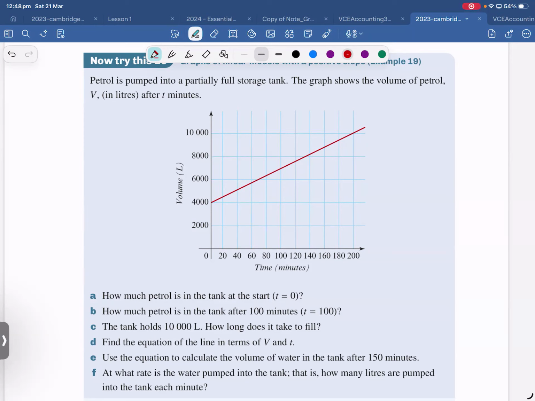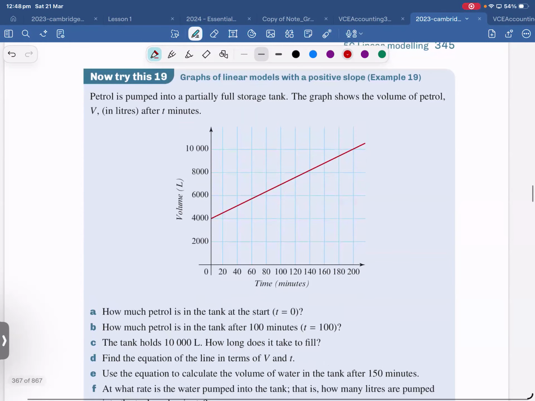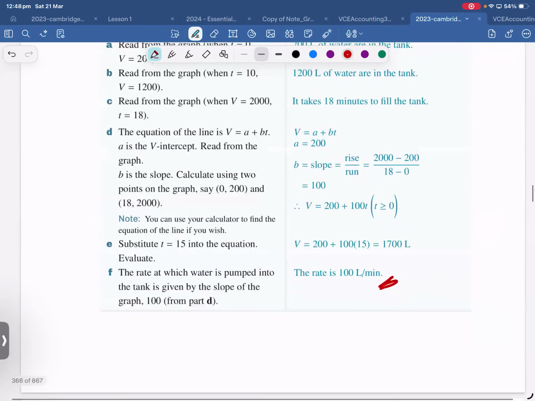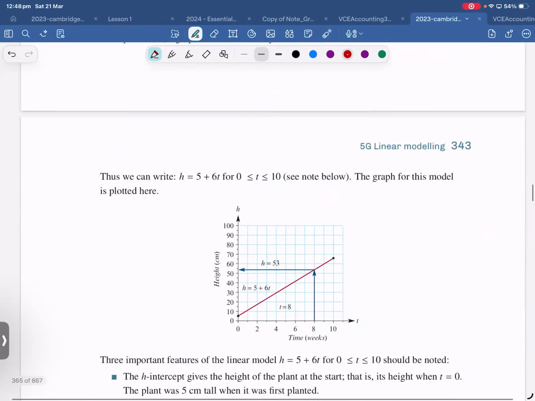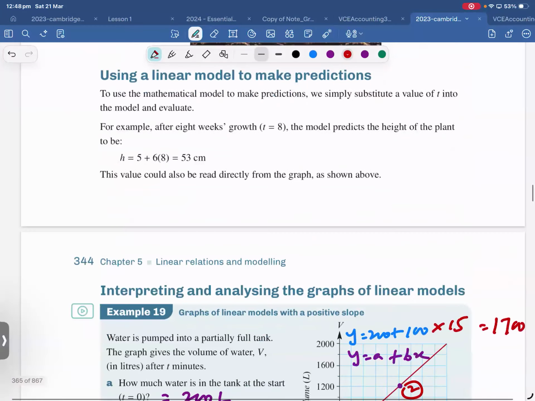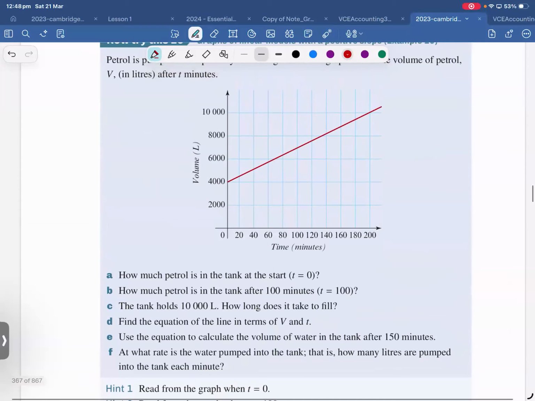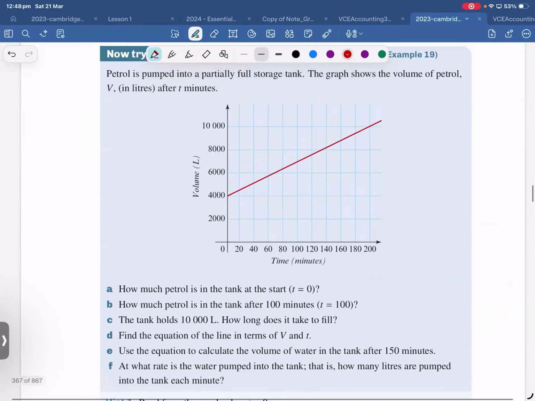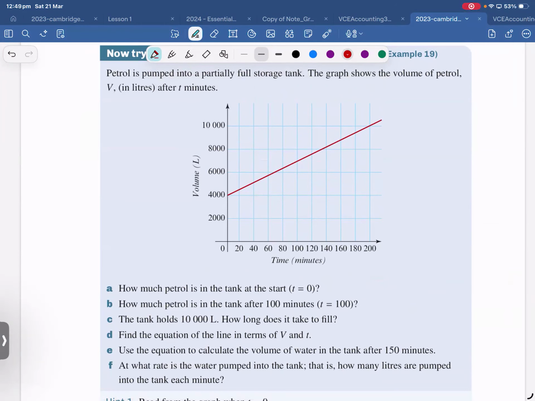Right. What's the answer for A? Yep. And B?